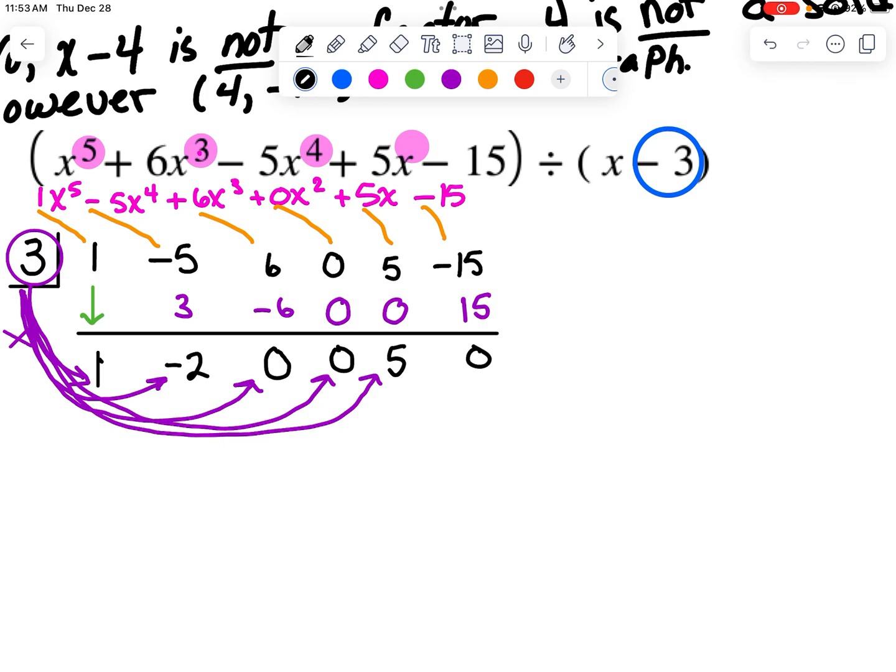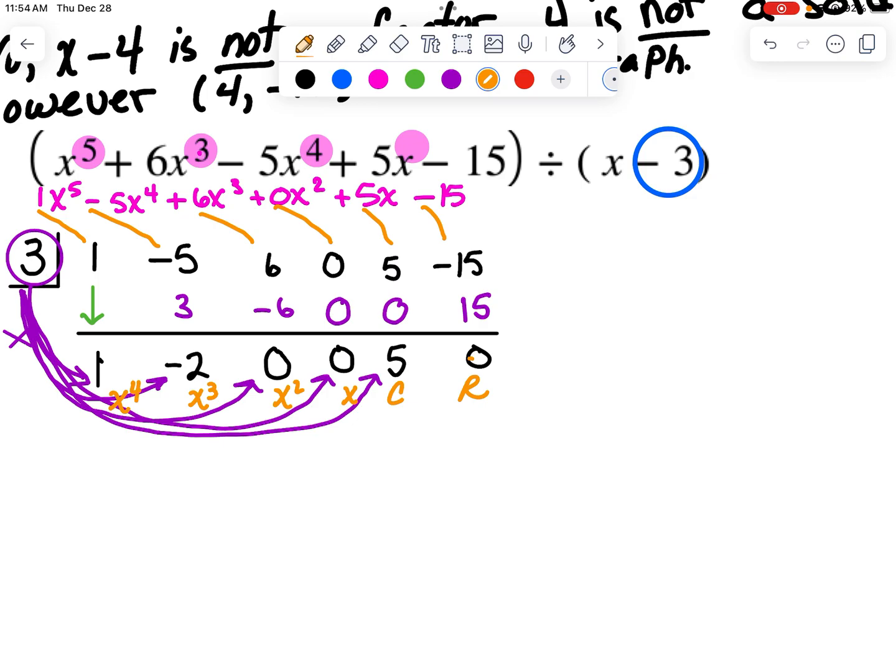Okay. So we could do this the way we did the other one. We could say that this is the remainder, that this is the constant, that this is x to the first, that this is x to the second, that this is x to the third, that this is x to the fourth. Certainly can do it that way. That's the way I was taught to do it in high school.